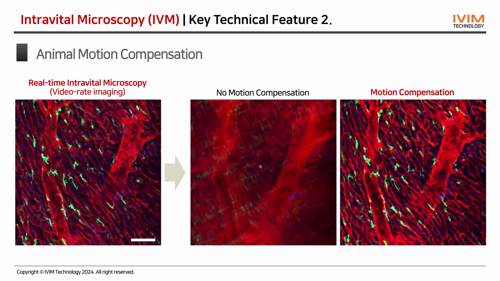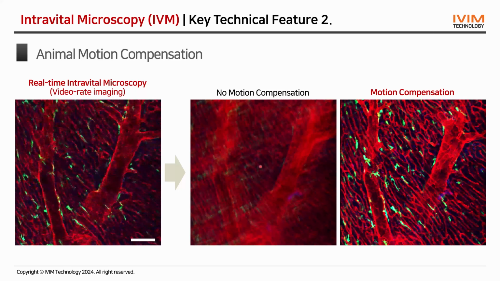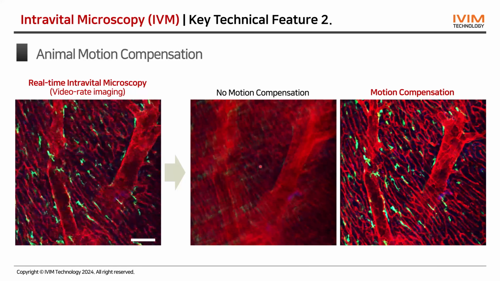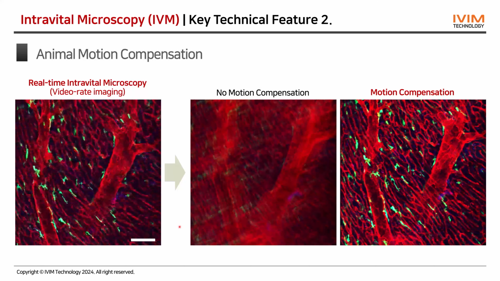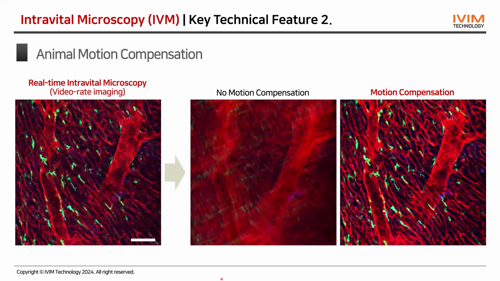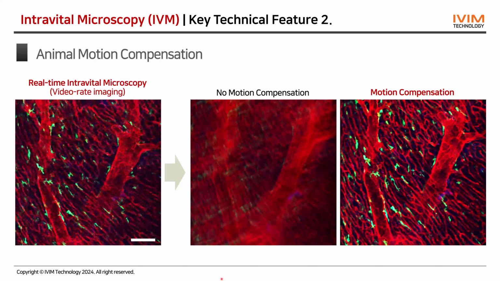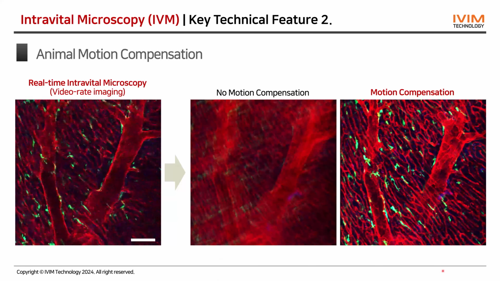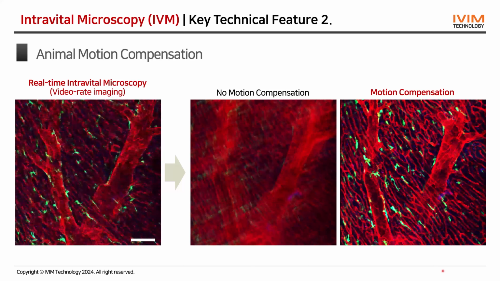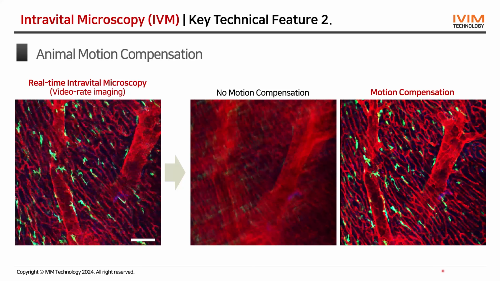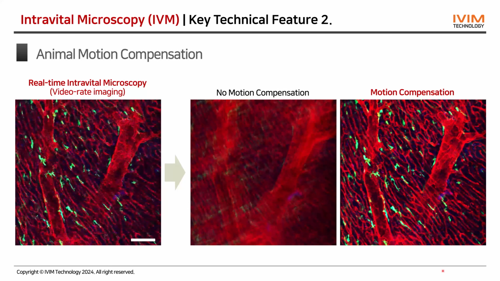And please note that any other conventional standalone microscopy can only acquire these shifted images, like in the middle, from the same live mouse model. Thereby, only IVM has optimized the in vivo solution, especially for intravital heart imaging and lung imaging in these research fields.